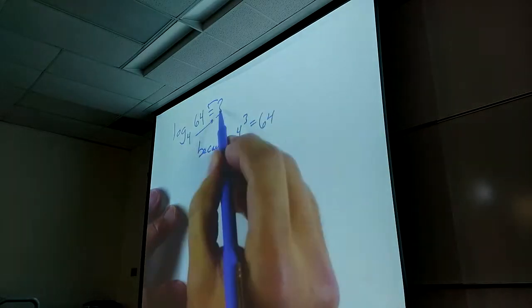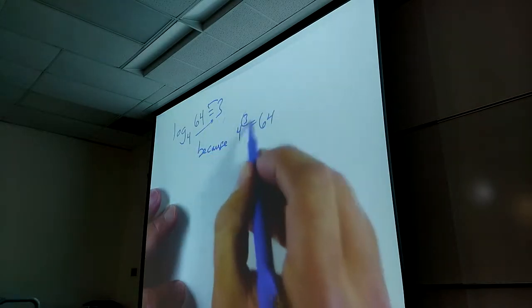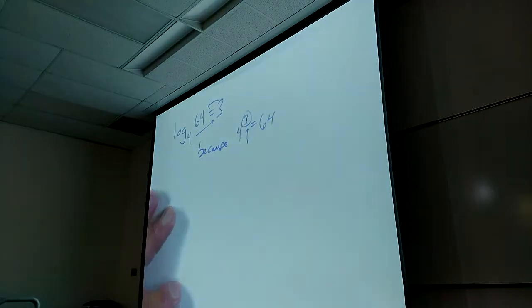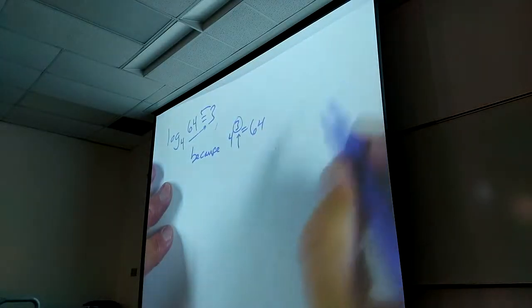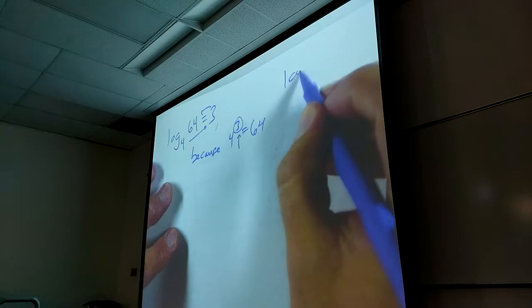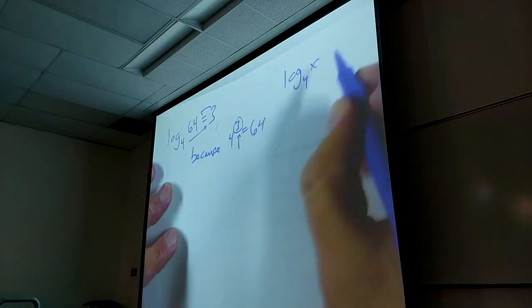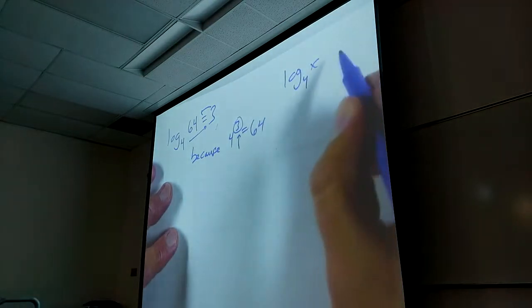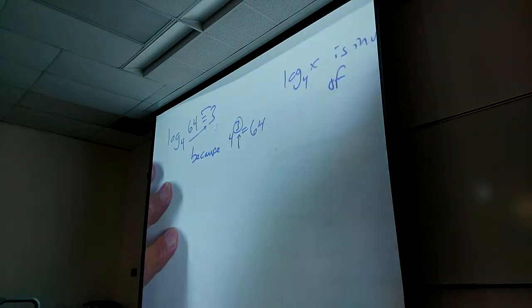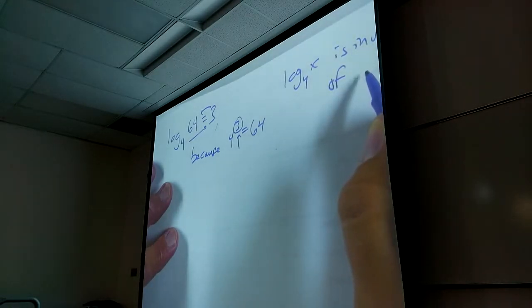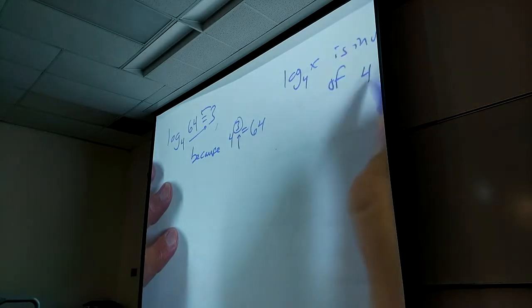I love it. Because what is a log the inverse of? Log base 4, here's something interesting. What's log base 4 the inverse of? You ready for it? Here it is. Log base 4 of x is the inverse of 4 to the x.